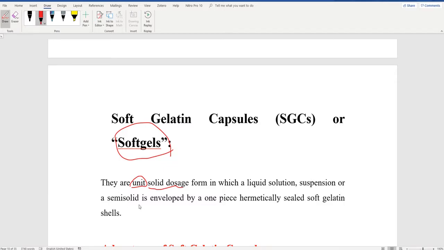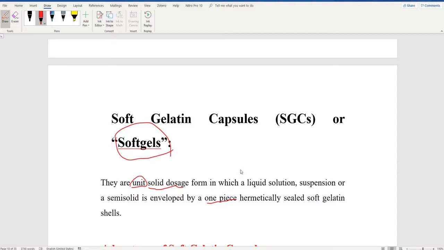This is the usual, because I can even envelope a tablet. Maybe I have a tablet and then envelope it with a soft gelatin shell. So a solution, suspension or semi-solid is usually enveloped by one piece, while hard gelatin capsules are two-piece capsules.